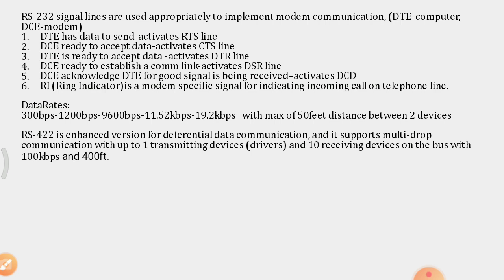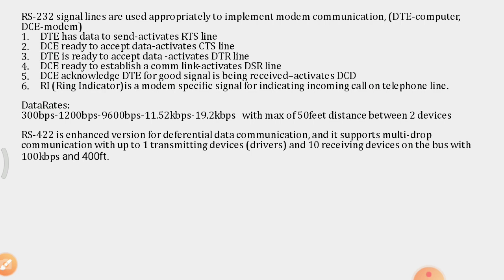The RS-232 signal lines are used appropriately to implement modem communications. It may be supported by all devices or it may not. There are two entities called DTE and DCE.